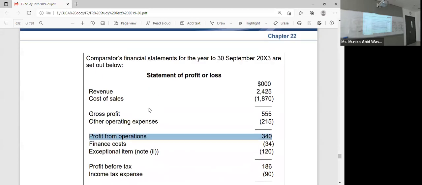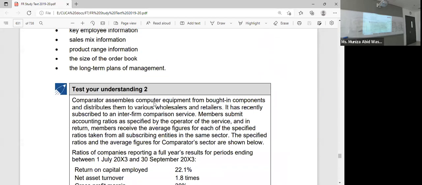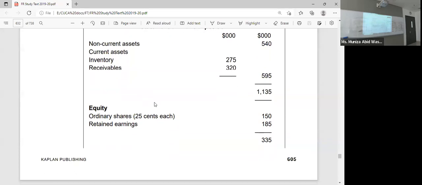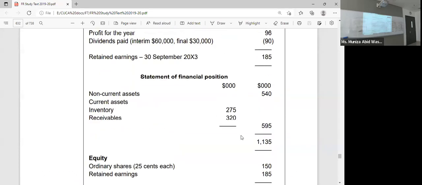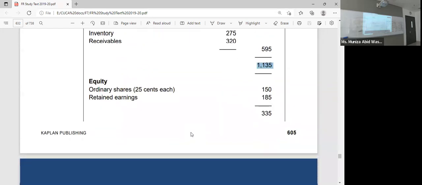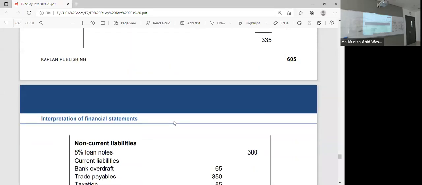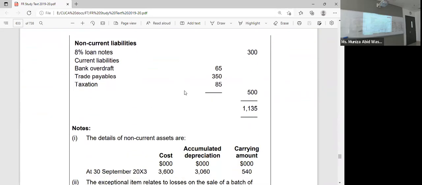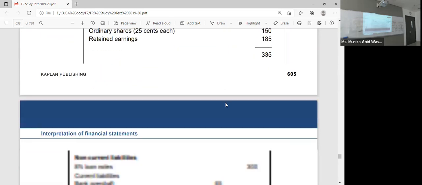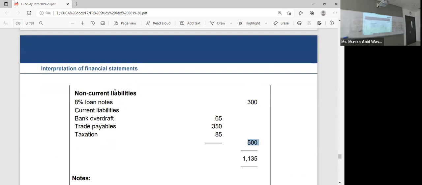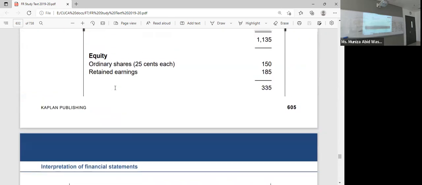Divided by capital employed. Capital employed is what? Total assets. Total assets are 1135, is it? Minus current liabilities. Current liabilities are 500, is it? 1135 minus 500 is going to be your capital employed.